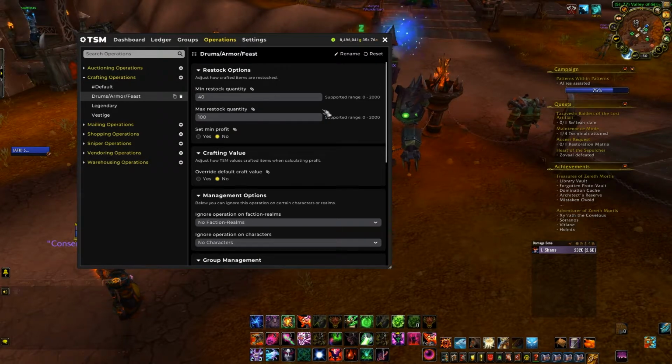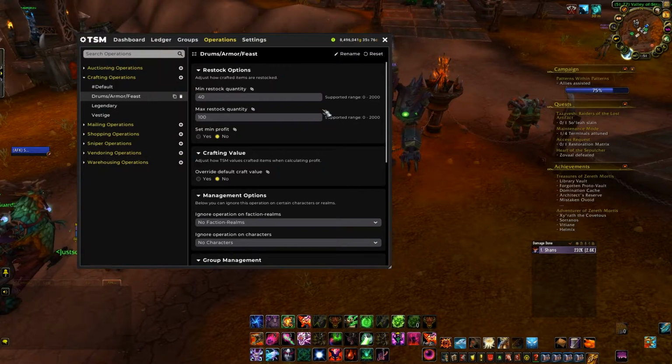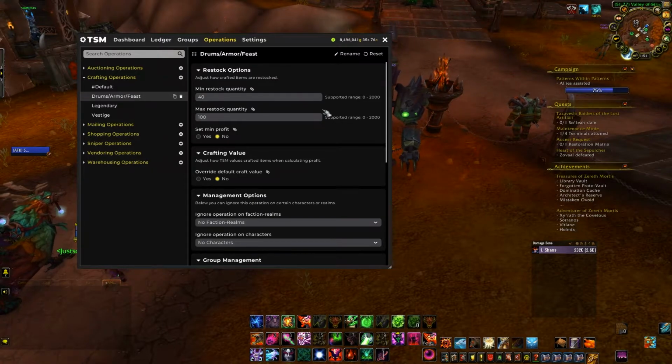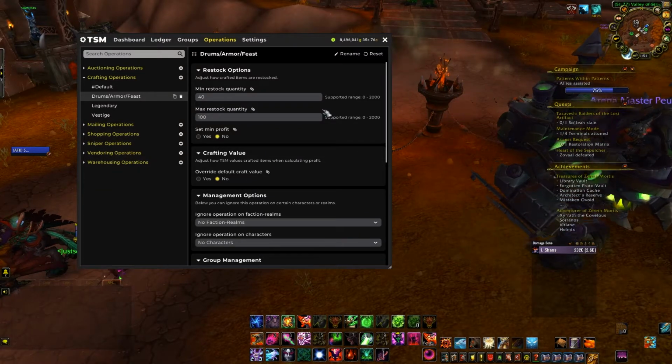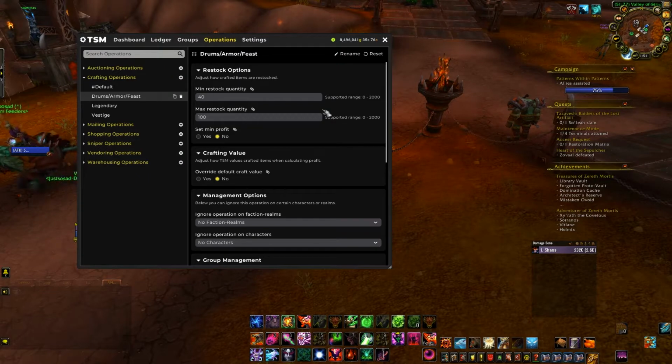So if I wanted to have 100, but every time I fell below 100, like say this was 0 minimum restock quantity, I would constantly be needing to make them. That's all I would do. So that doesn't make sense. So this just means when it gets down to 60 or less, then I can restock it. And then I have to buy a whole bunch of materials all at once, and it does take a little bit of time, but at least I'm not constantly doing it. I'm doing it in one go.